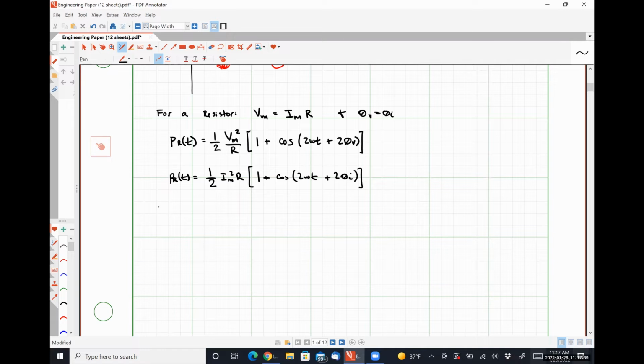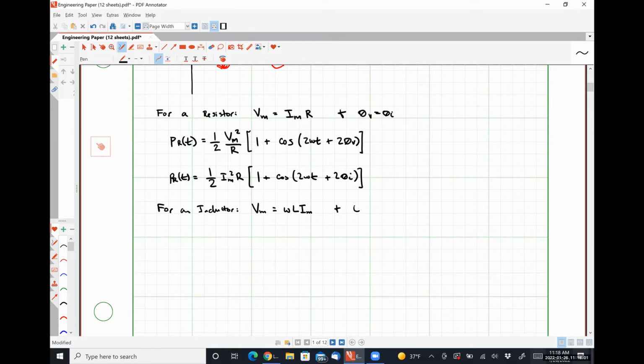So for an inductor, we know that Vm is equal to omega L times Im.